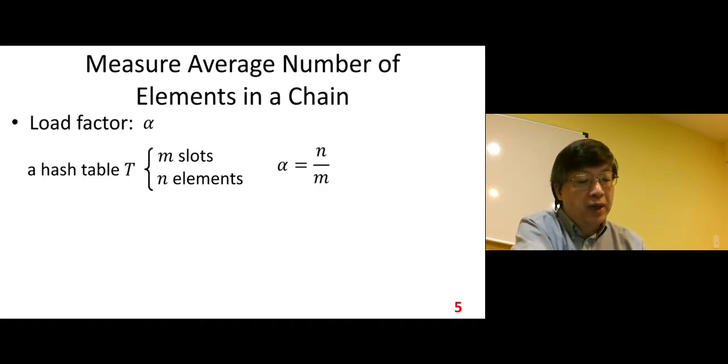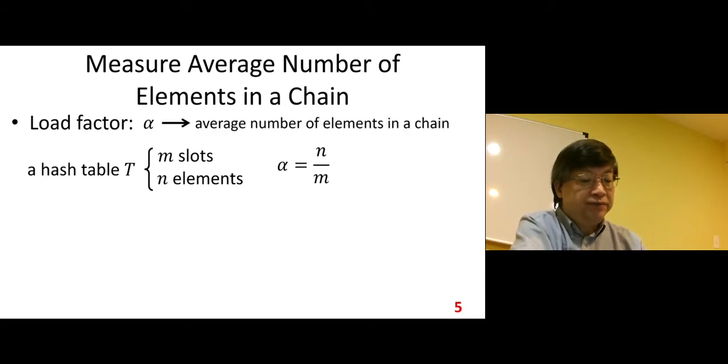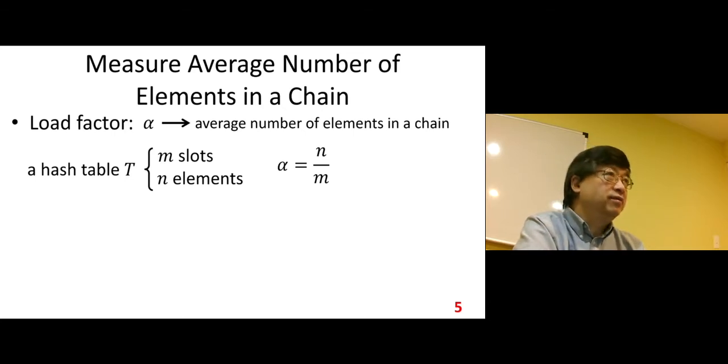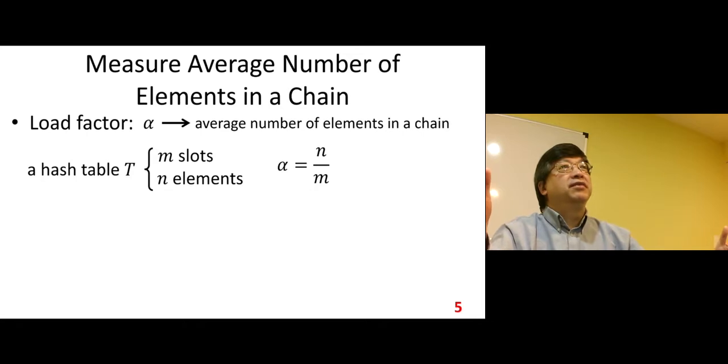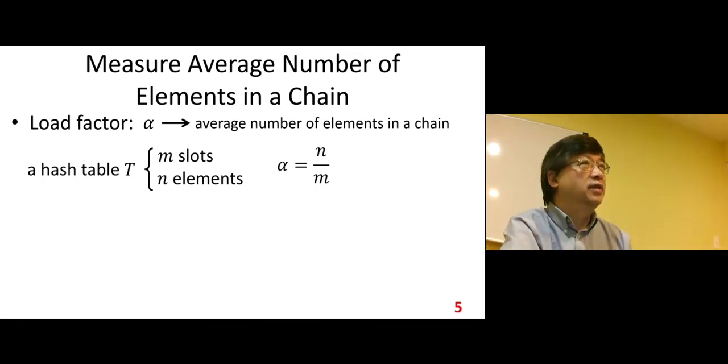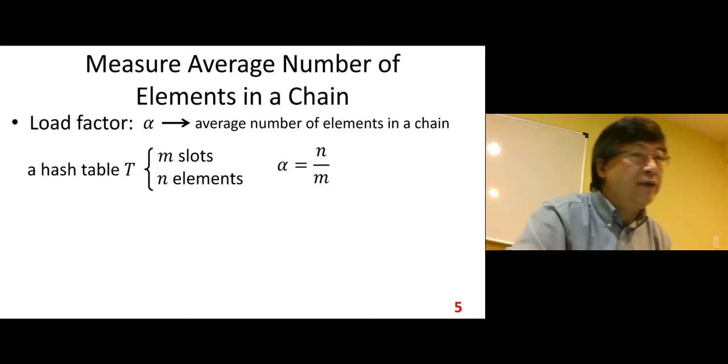Alpha equals n over m. That's the load factor of your hash table. This alpha value reflects the average number of elements in the chain. How long is the chain? So the average length of your chain.